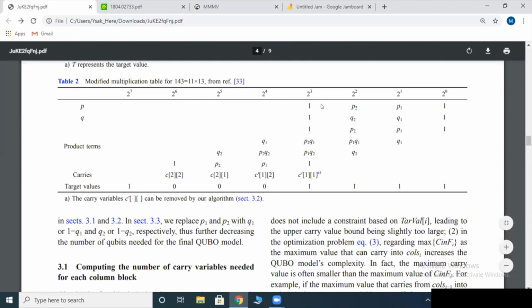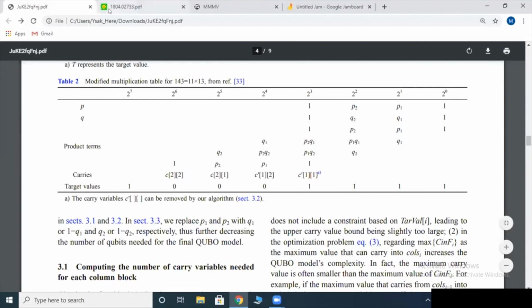These are individual columns over here. Now for calculating the carries, instead of treating them as individual columns, we can convert them into groups of columns as well. So we are trying to identify the number of columns that we can group in.